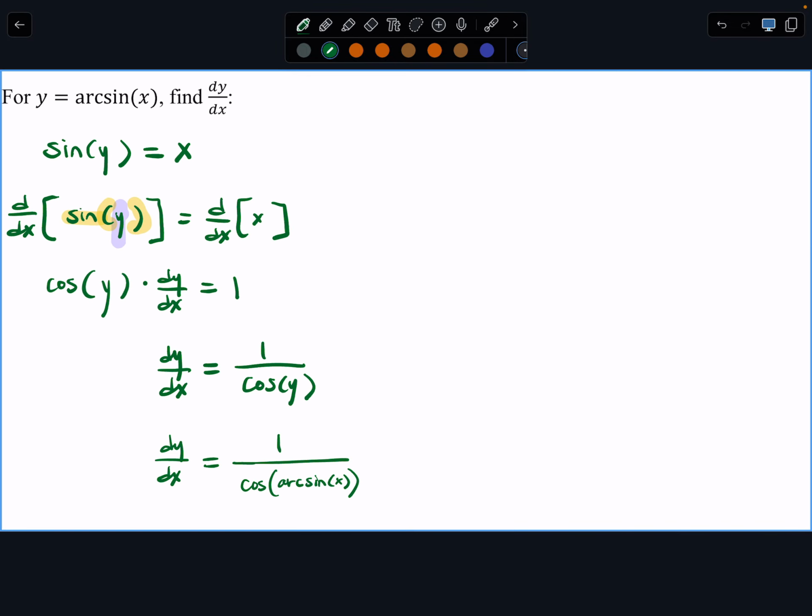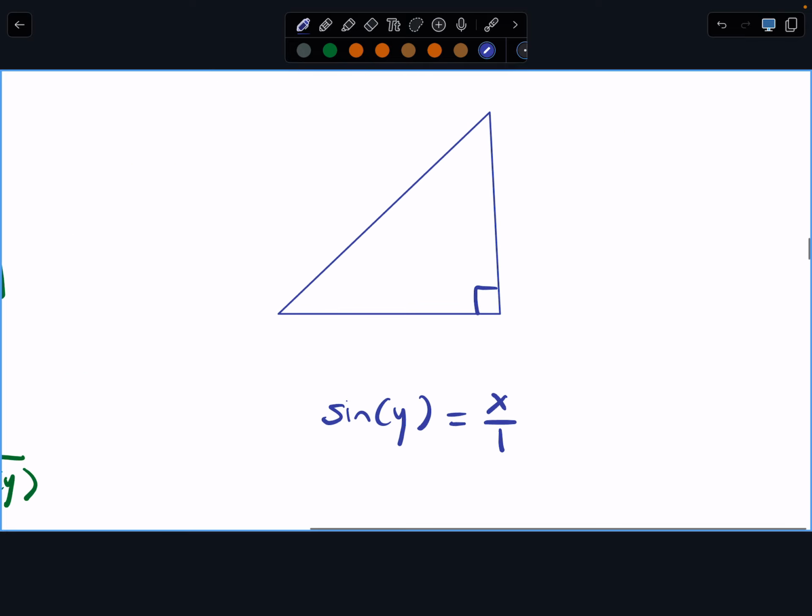So going off of that to make a picture, I'm going to write x as x over 1. Thinking back to good old SOHCAHTOA, sine is what ratio? Yeah, opposite over hypotenuse.